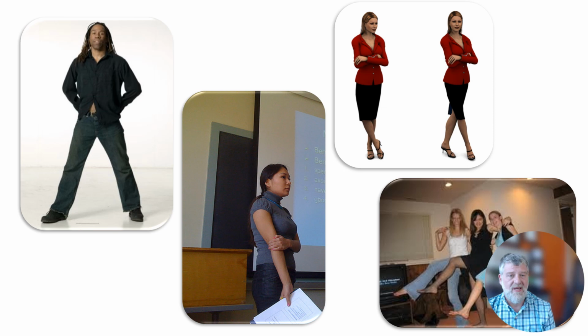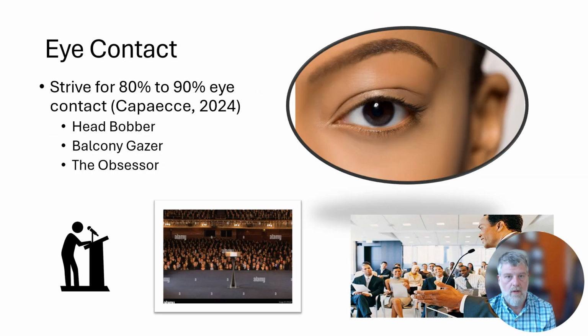Can-can kicking can be everything from what these ladies are doing down here in the bottom right, where they're actually kicking up their heels, to just a real subtle clicking of your heels together as you speak. But all of those things are can-can kicking, and they're just ways to dissipate nervous energy as you interact with your slides and interact with the audience.